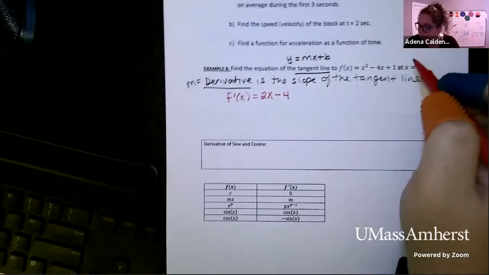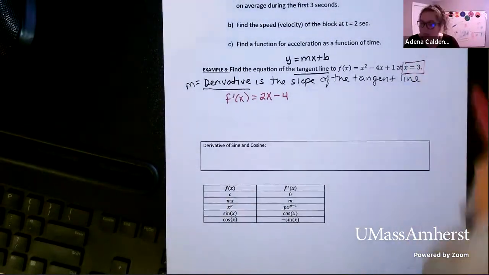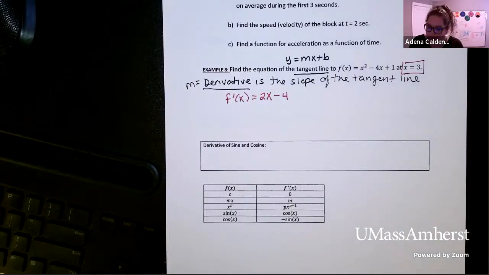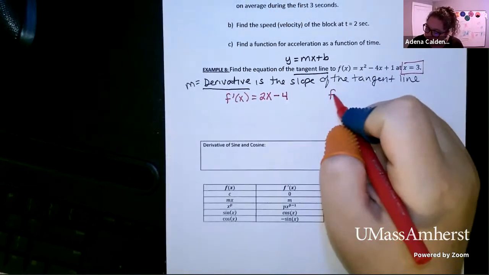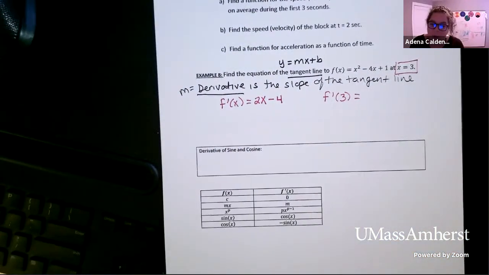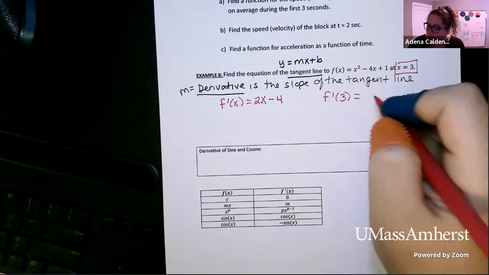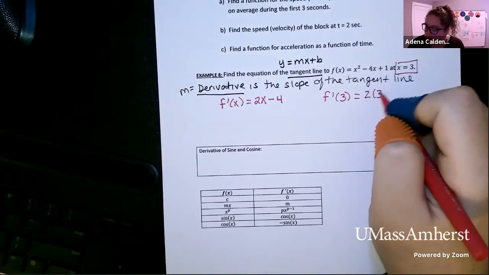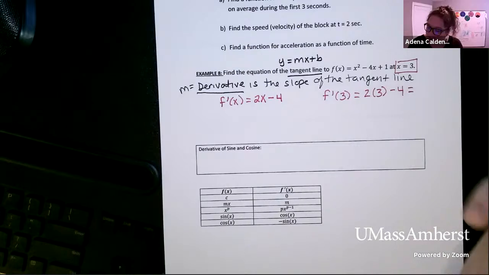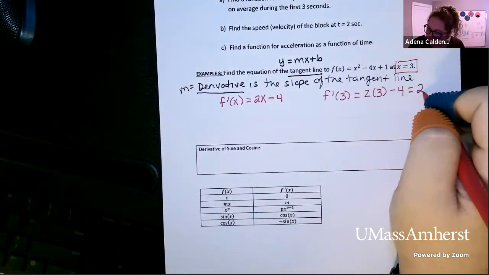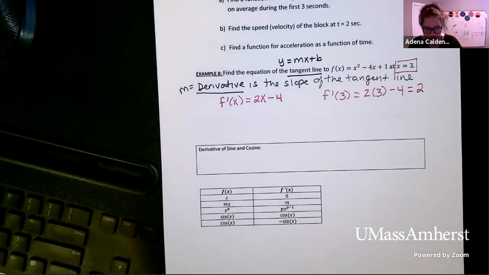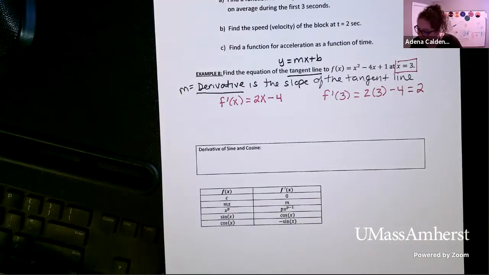But I am interested in the equation of the tangent line when x equals 3. So I need to plug a 3 into my derivative in order to get the slope. So I have 2 times 3 minus 4, right? So I get 6 minus 4, which is 2. So the slope of my line, my tangent line, is going to be 2.